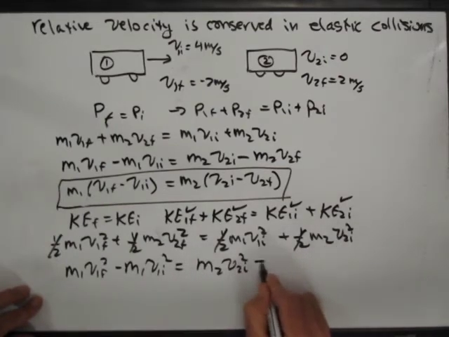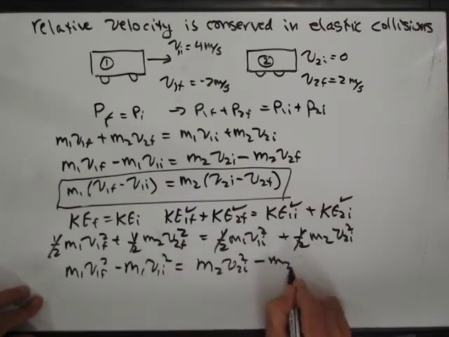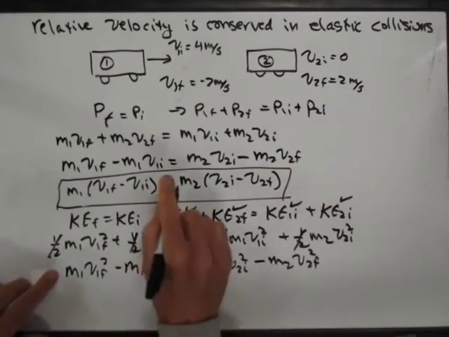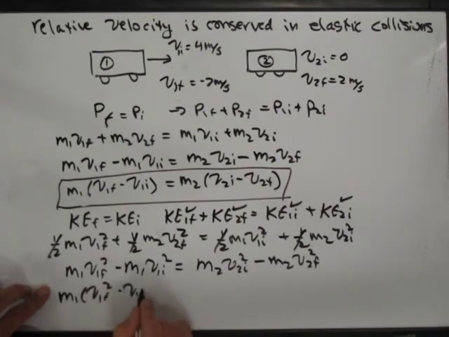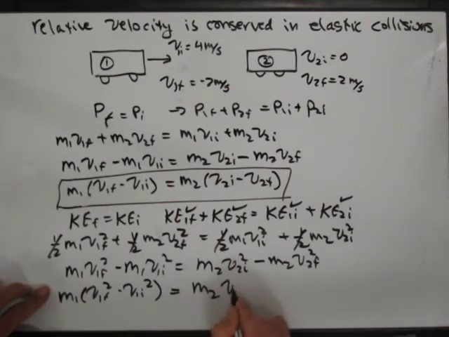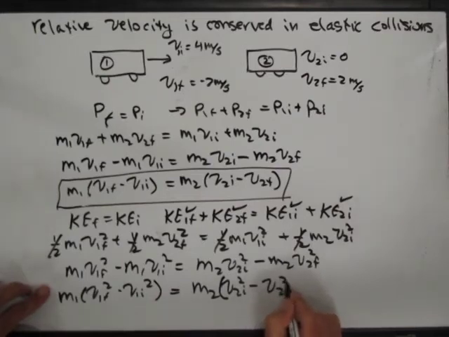That's this guy minus this guy, M2 V2 final squared. And now, just like up here, I'm going to factor out the m, so I'm going to get M1 times V1 final squared minus V1 initial squared equals M2 times V2 initial squared minus V2 final squared.